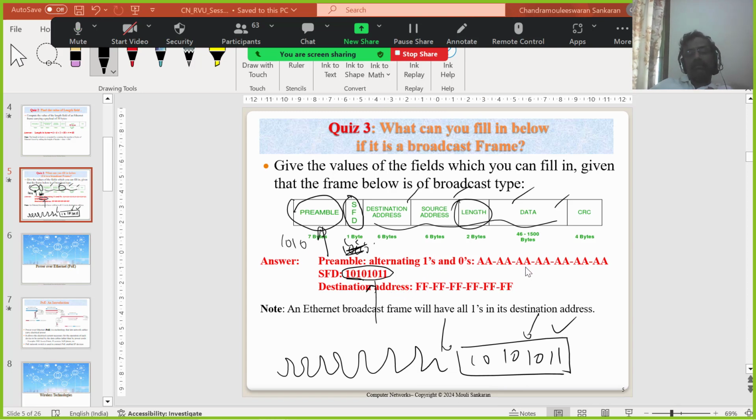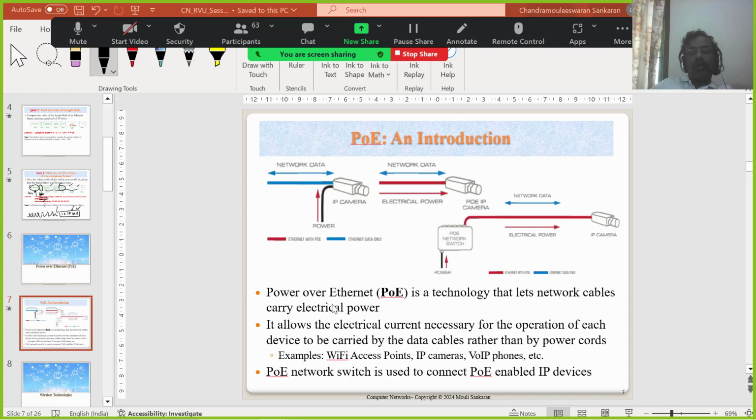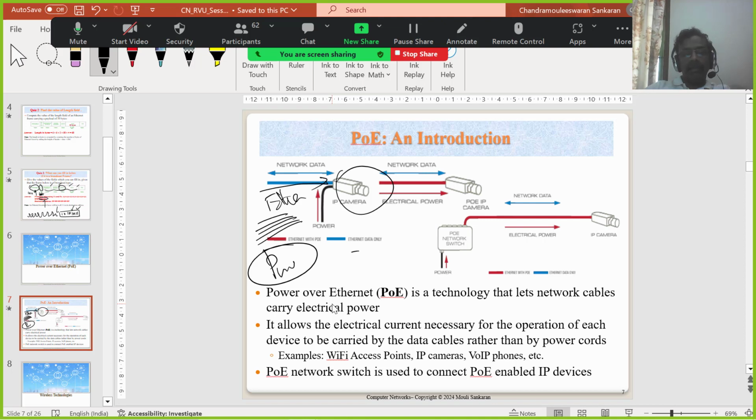Very simple. Okay, power over Ethernet is nothing, guys. The devices are not only connected by an Ethernet cable. Actually, the Ethernet cable will have data cable, ground, and so on, and then a power supply also along with that. So it not only transacts data frames, Ethernet frames, over the cable, it also gets power from it.